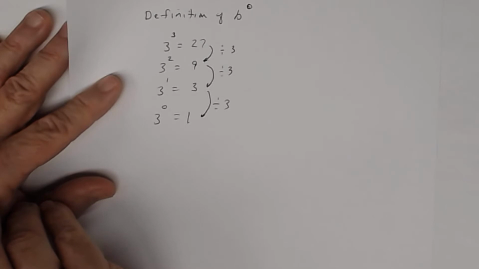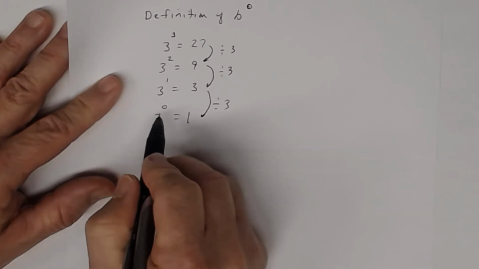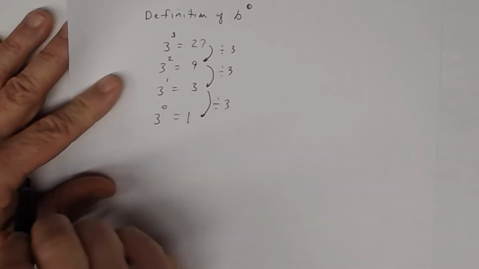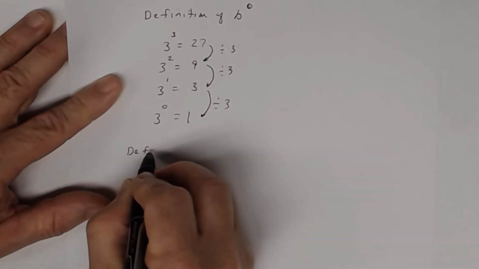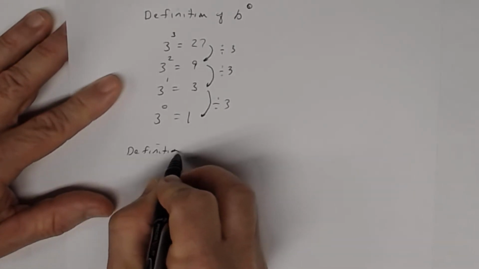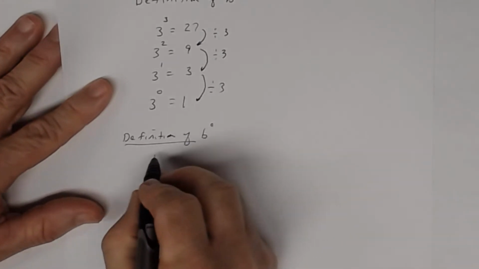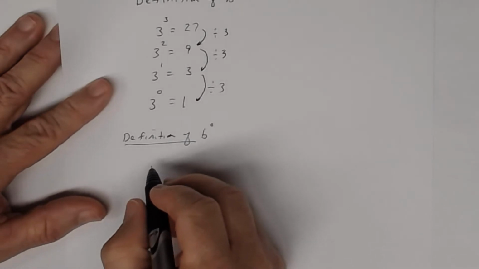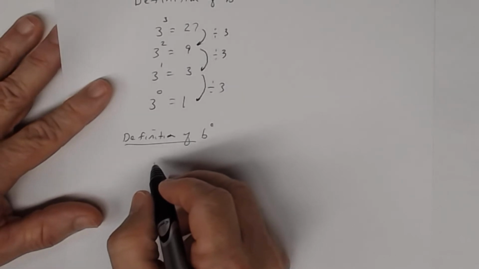So by definition, remember, your base cannot be 0. Any real number raised to the 0 power is going to be 1. Here's the definition of b to the 0. First of all, your base has to be a non-zero real number, so it's any real number but 0.